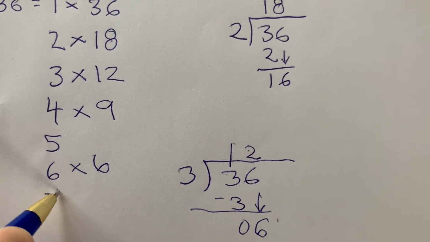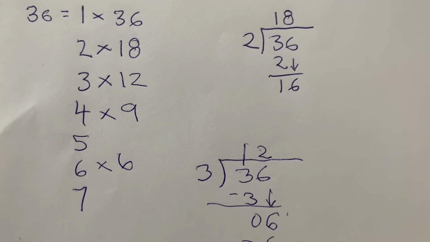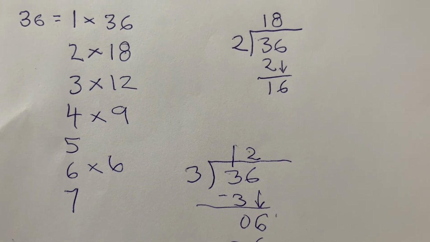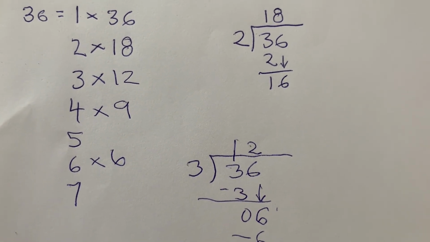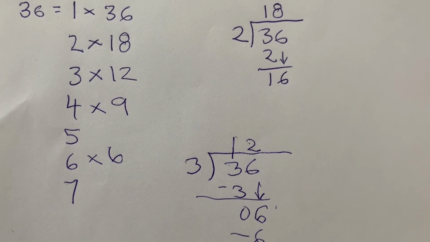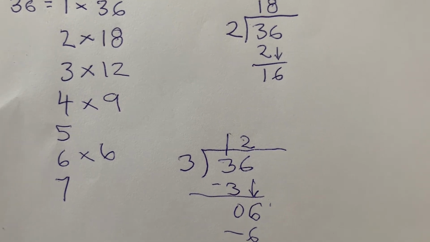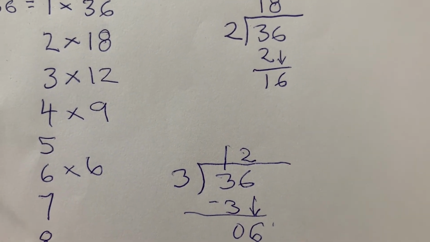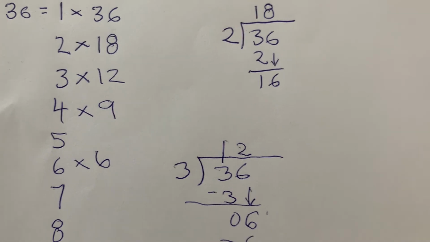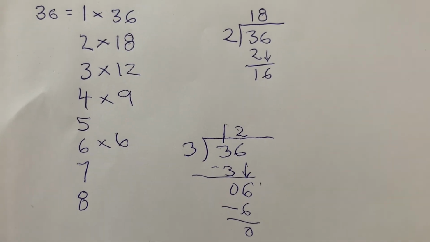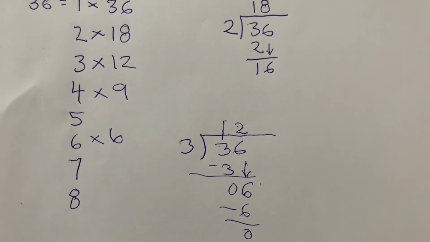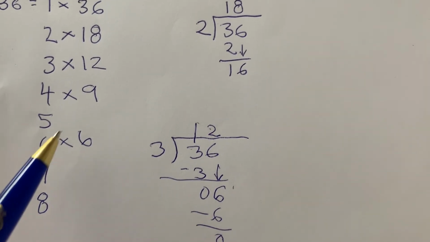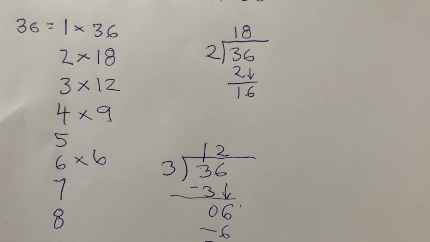We can try 7. 7, to get to 36, the closest we got is 7 times 5 is 35. So that won't work. 8. The closest is 8 times 4, which is 32, so that won't work. And 9, we already got the 9, so we can stop here, class.